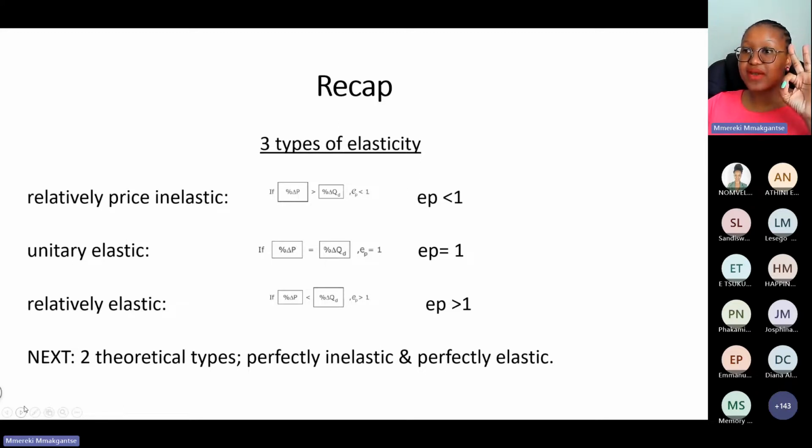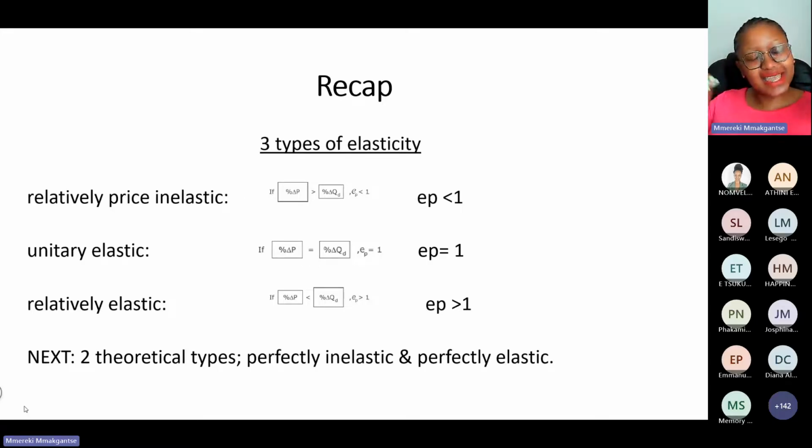Remember, three ones. Relatively inelastic means it's not that responsive in quantity demanded. Remember, with elasticity we're checking the responsiveness of quantity demanded to changes in price.